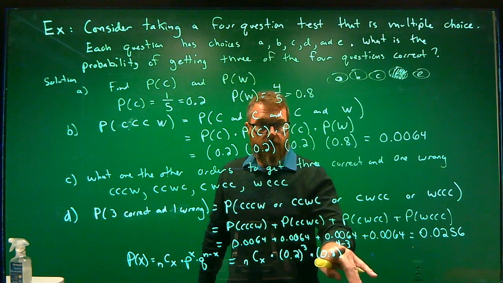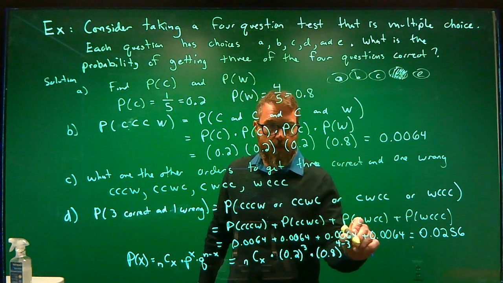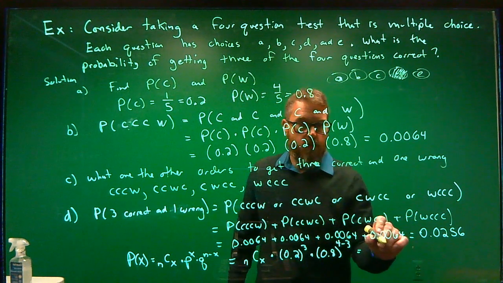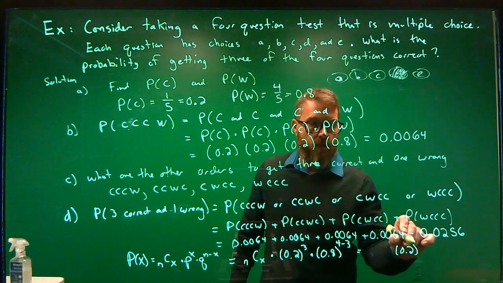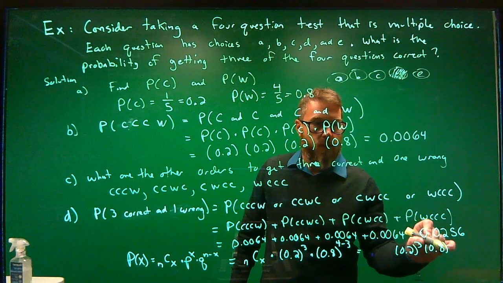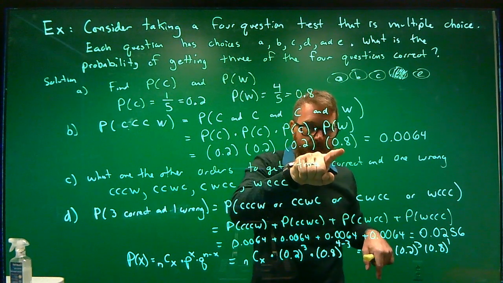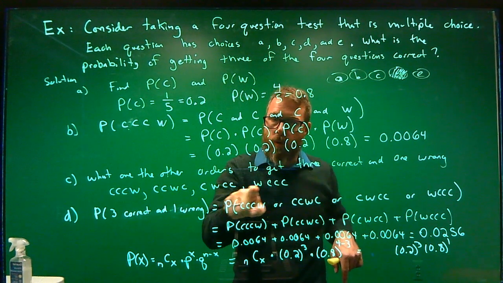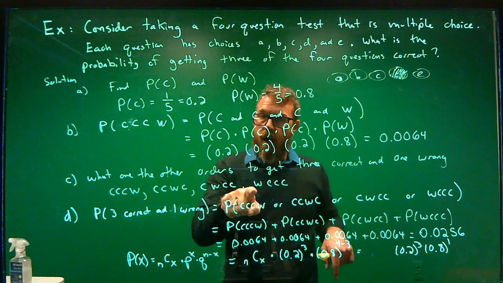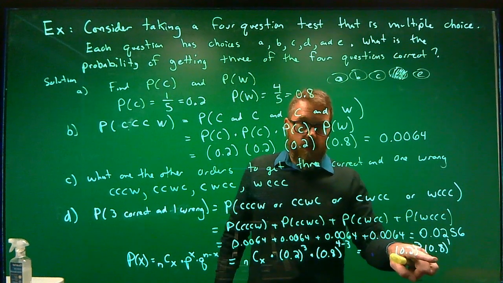So this gives us a power of 1. So this is 0.2 cubed times 0.8 to the 1. And I have 3 0.2 factors and then 1 0.8 factor, and it didn't matter what order I put these things in. I was going to have 3 of these and 1 of these.